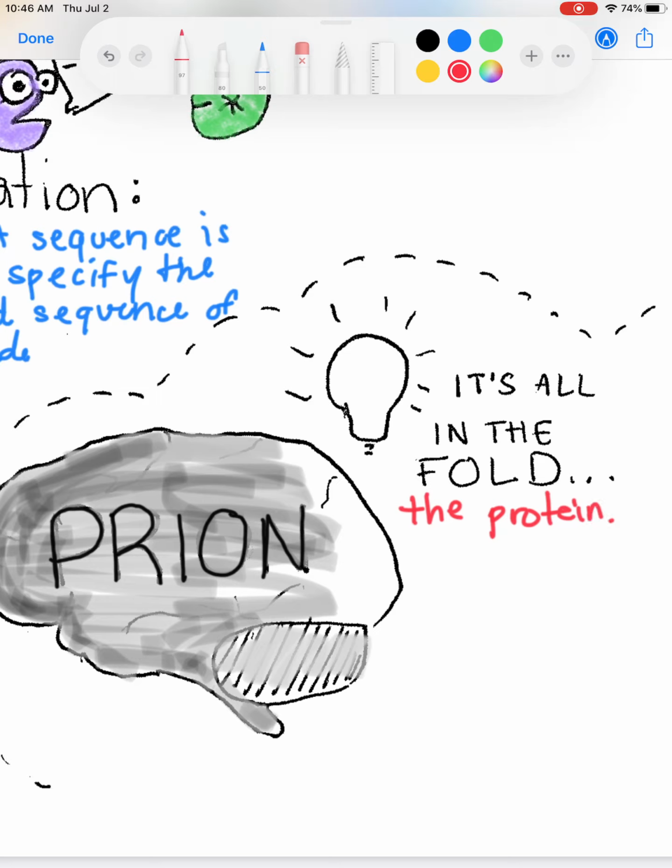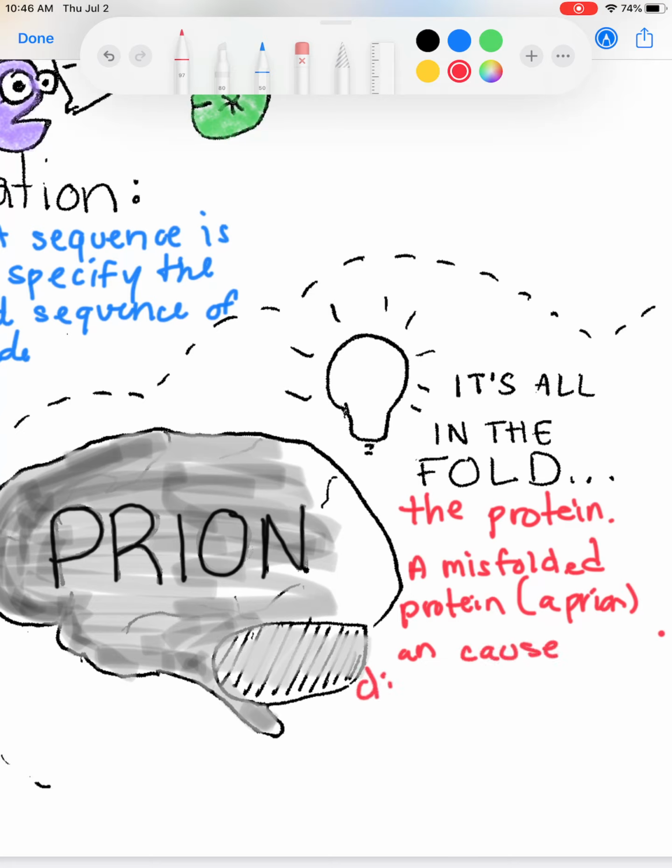Okay, so we're going to write that a misfolded protein called a prion can cause disorders such as BSE, which is bovine spongiform encephalopathy, mad cow disease.